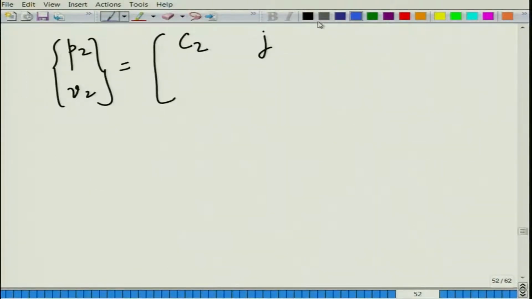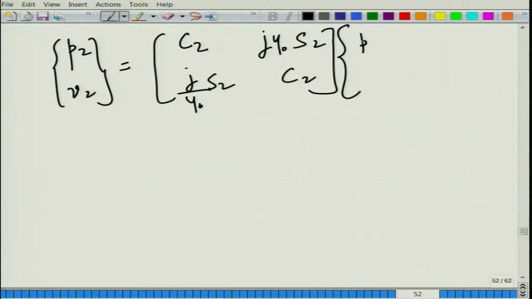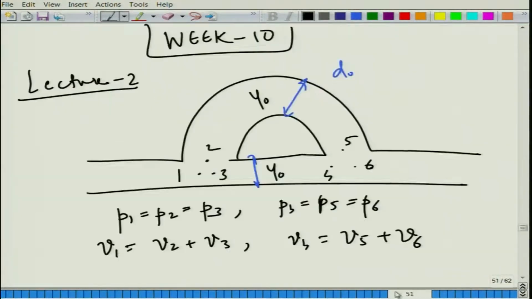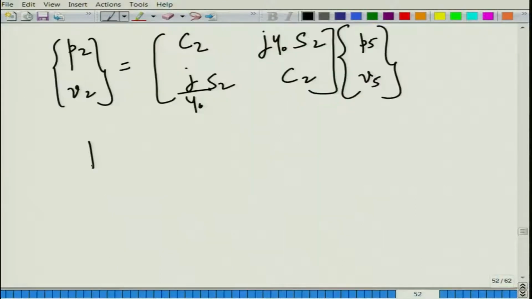So, this is your jY0 S2, C2, and here you have your P5, V5, here you have P3 and V4.